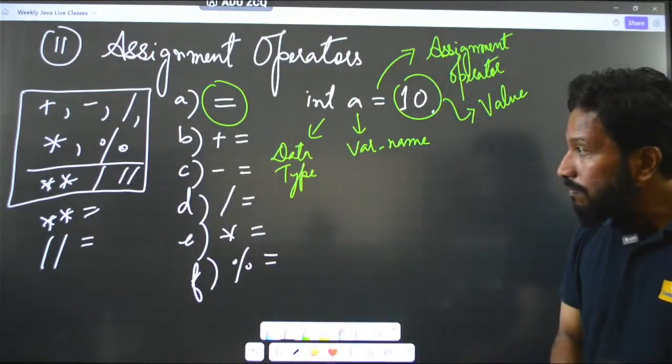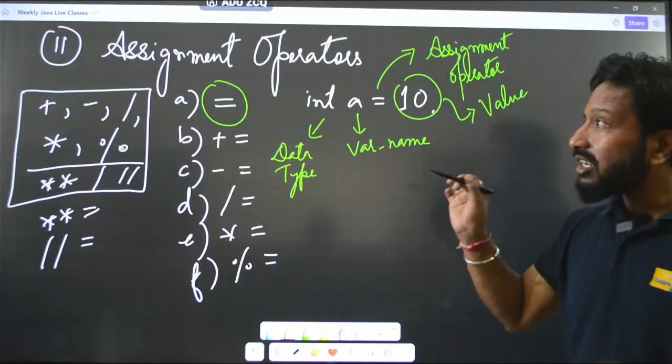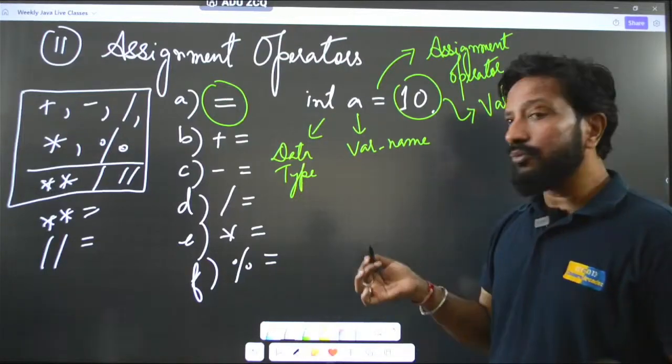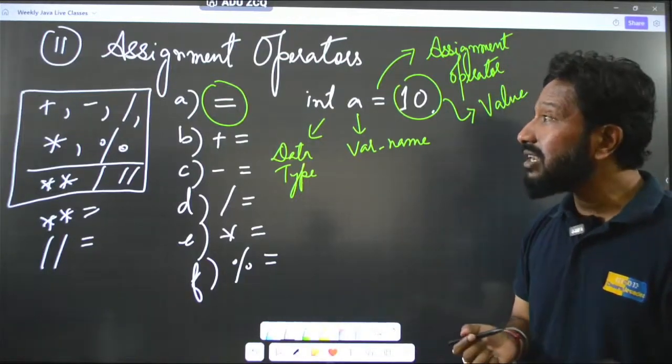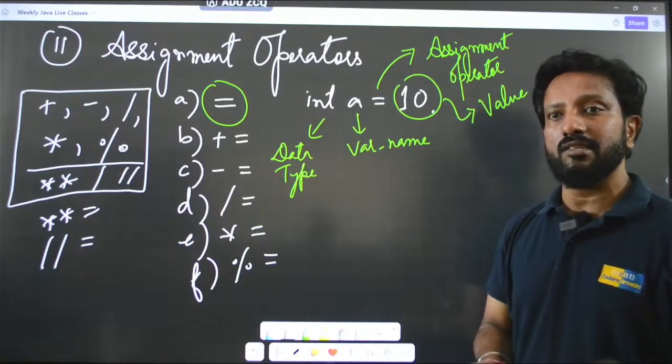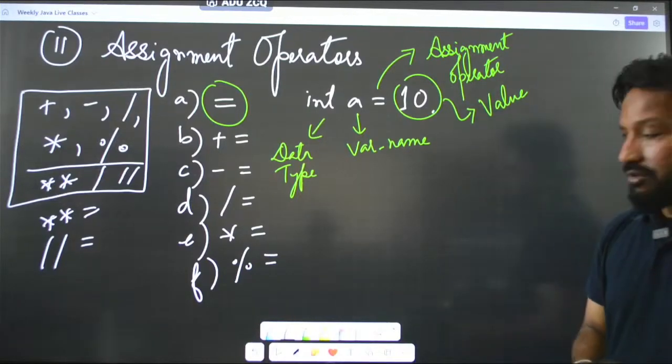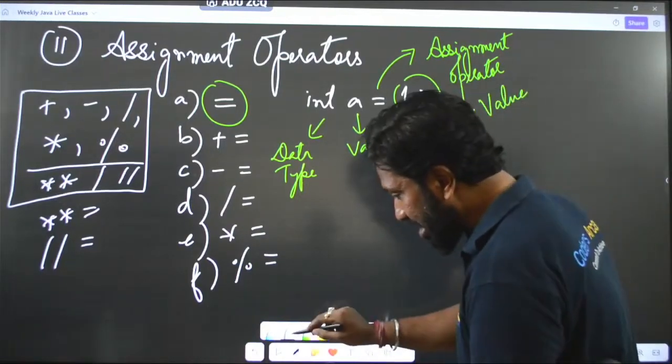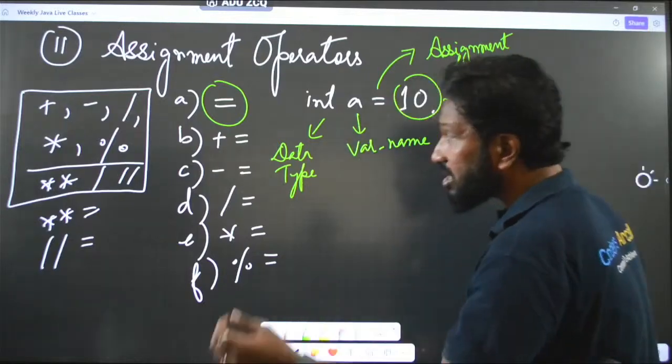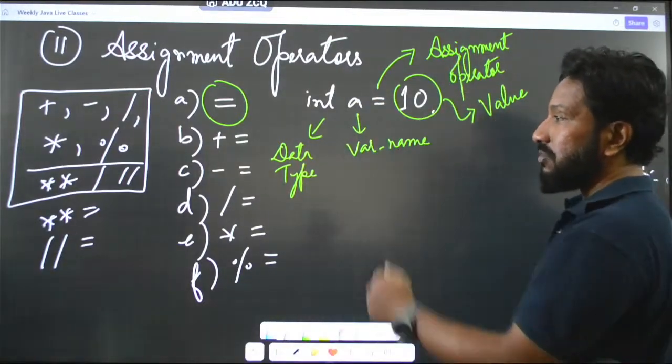Now there is a very important interview question which you might not know and which is very frequently asked in multinational companies for placement drives. Sometimes they will ask you something like this: what is the other name given for assignment operators?